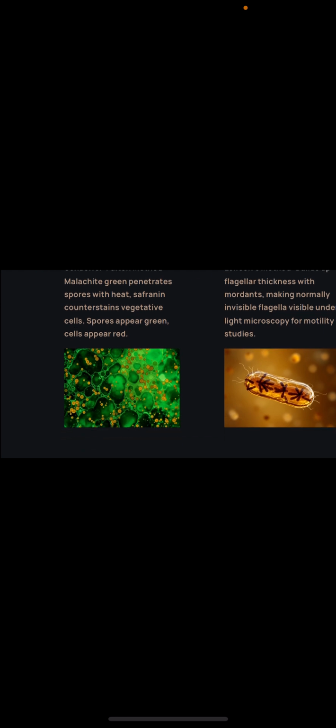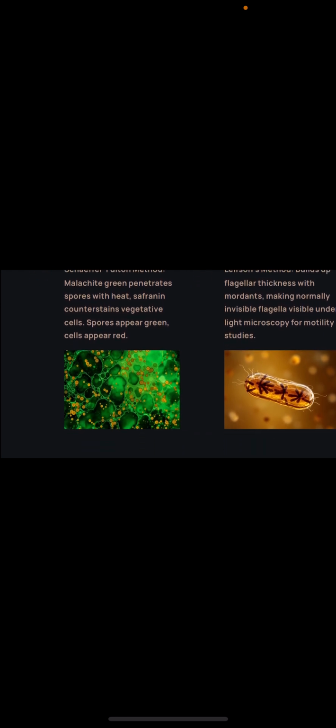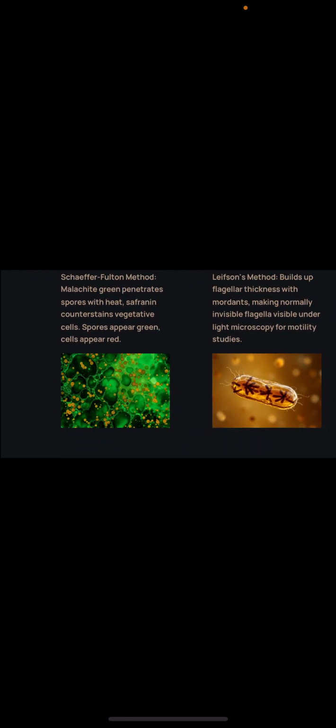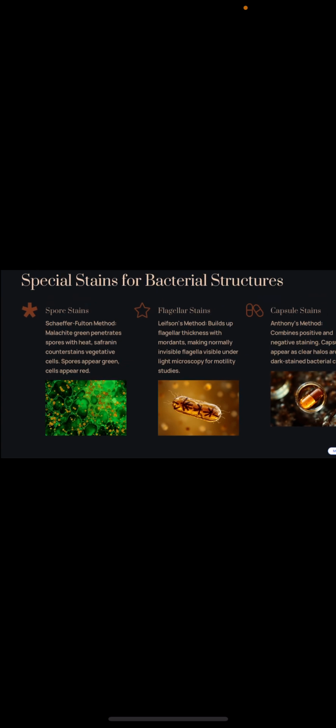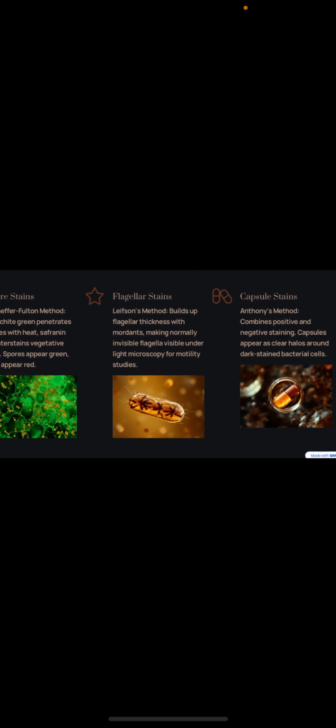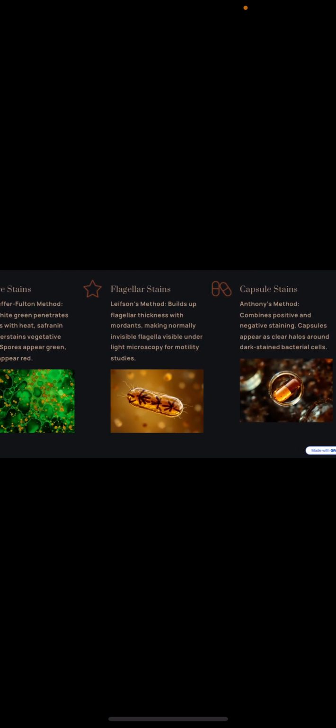Now let's read it. Spore stains, Schaeffer-Fulton method. Malachite green penetrates spores with heat. Safranin counterstain, where spores appear green and vegetative cells appear red. Then there are flagellar stains, Leifson's method, which builds up flagellar thickness with mordants, making normally invisible flagella visible under a light microscope for motility studies.